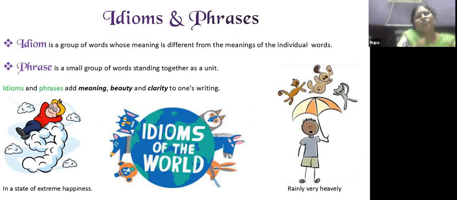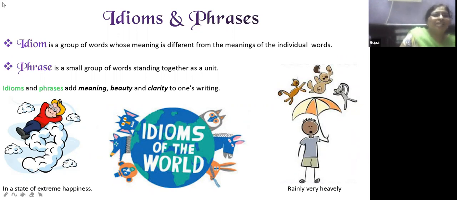We use only plain words, and it becomes so boring to read. When idioms and phrases, or even proverbs and quotations, are used, it becomes very interesting. They add meaning, they beautify the language, and they give clarity to the reader and the one who is writing also.